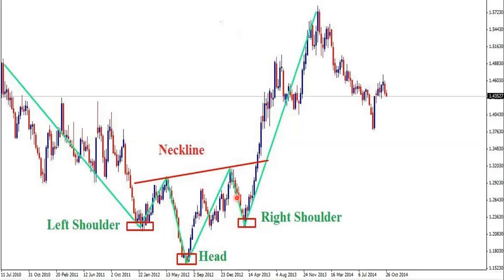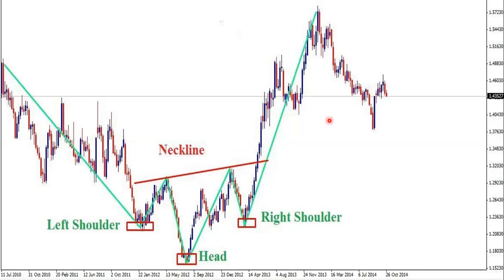So neckline, price broke from this candle, and here we go. I just love to show you this also.